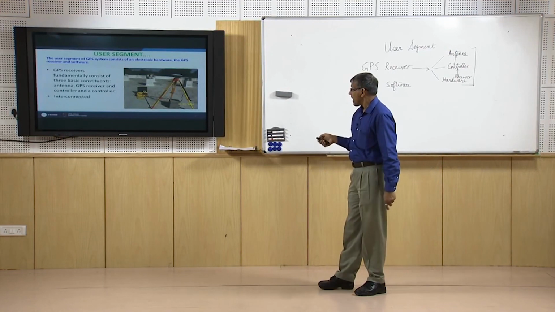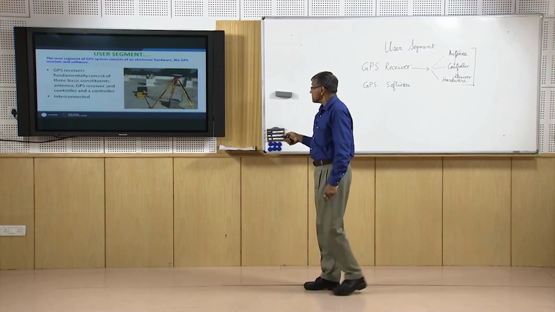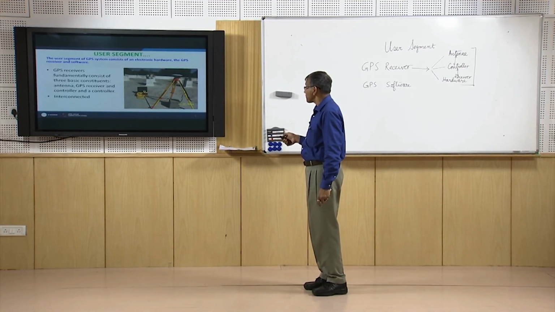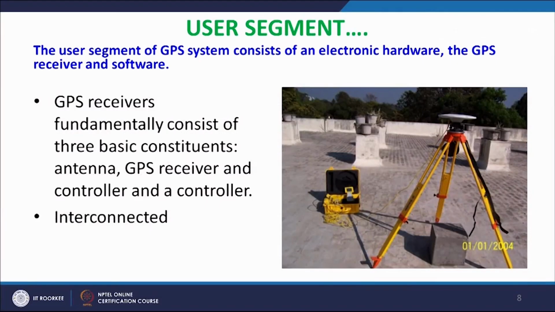As the receiver is kept under open sky, signals from GPS satellites will come to the antenna, which will gather this information and pass it through the connector to the receiver.